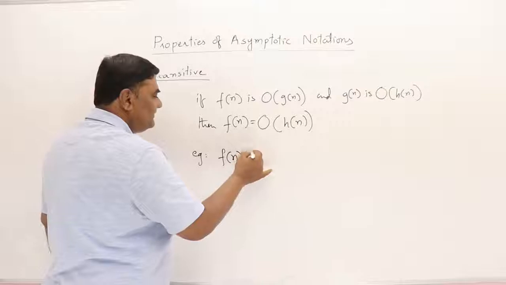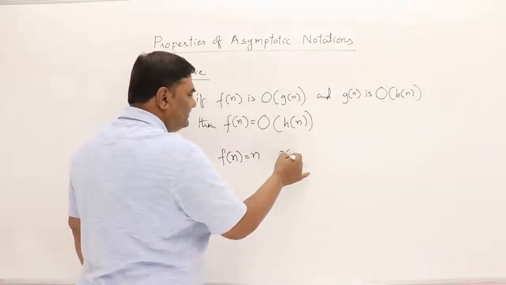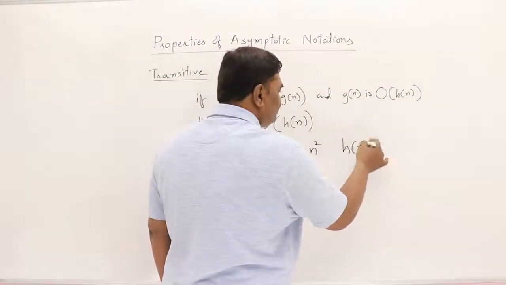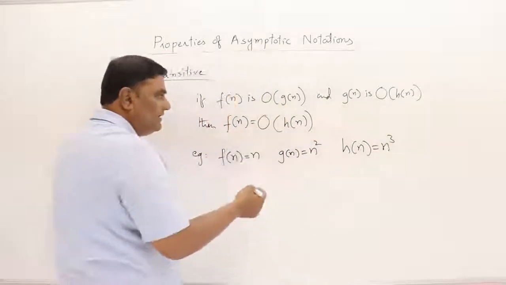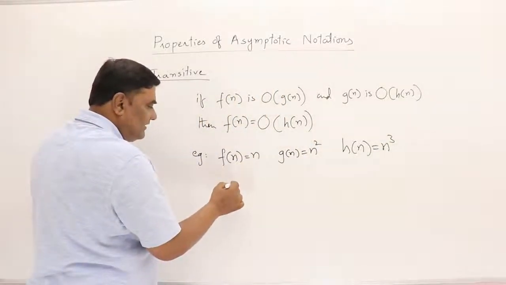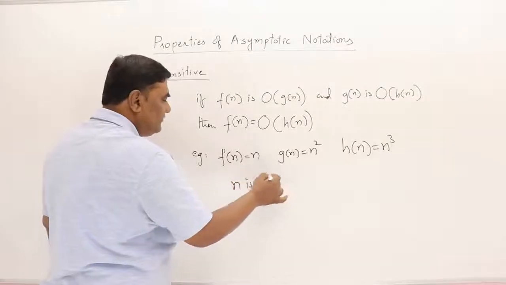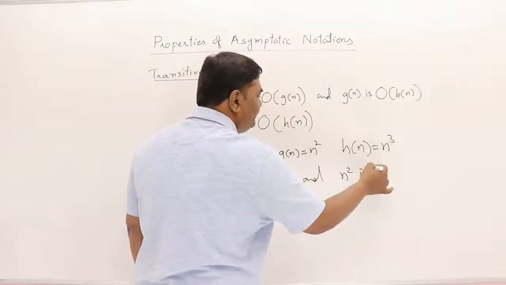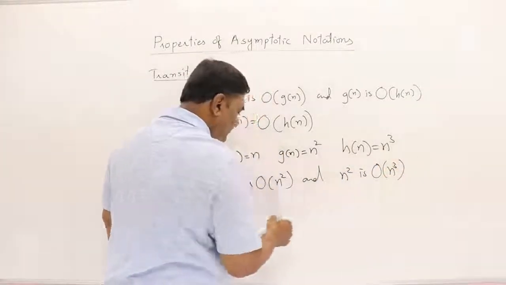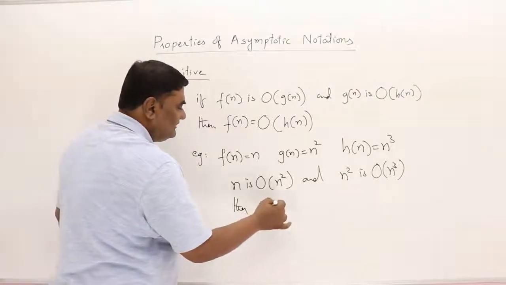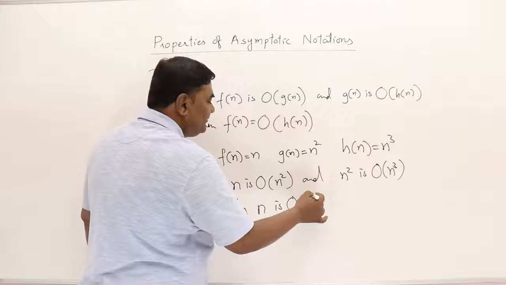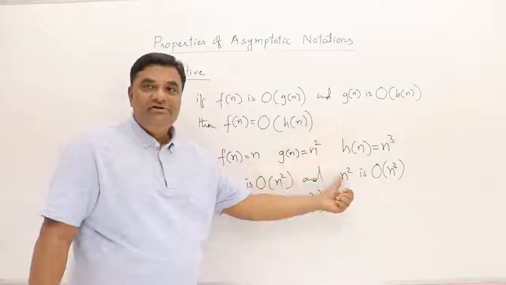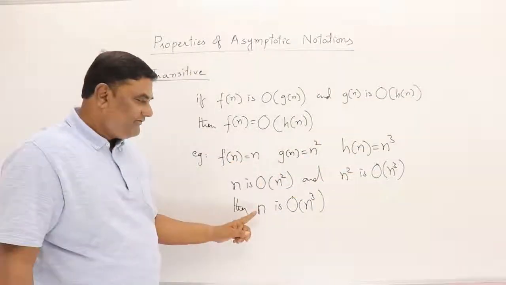F of n is suppose n, and g of n is n square, and h of n is n cube. If these are the functions, then n is big O of n square, and n square is big O of n cube. Then n is big O of n cube. See, this is f of n, g of n, g of n, h of n. So here f of n and h of n.